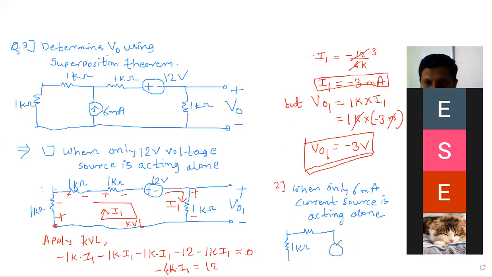Now current source will come here. That will be 6 milliampere. This is 1K. This is 1K. What about this voltage source? Is it shorted or open? Shorted. Yes, so this 1K as it is.